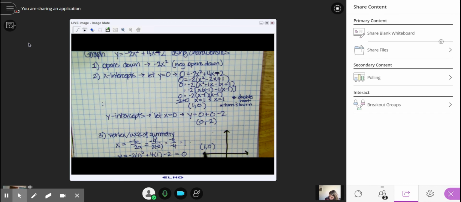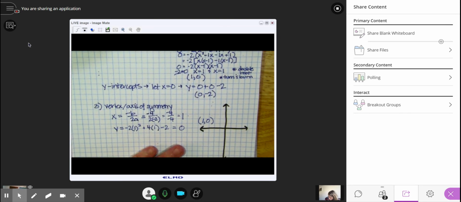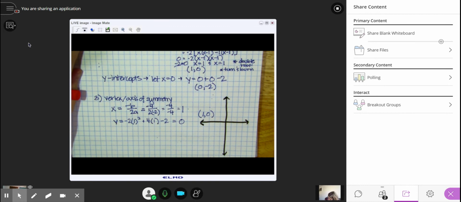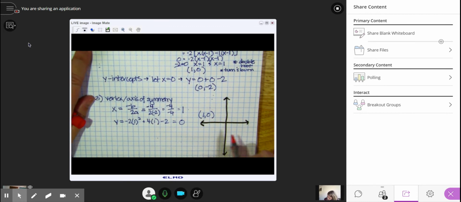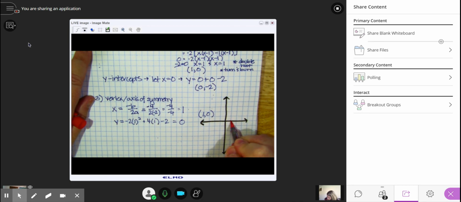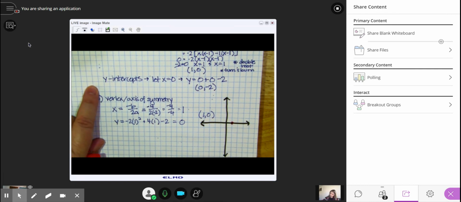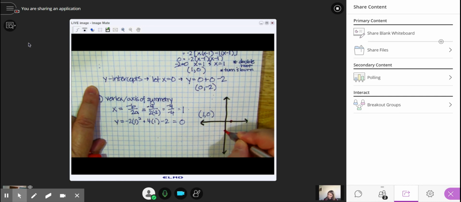I know that this opens down, so I'm putting my graph a little bit higher, so I've got some room to work below. Okay, it opens down. I have an x-intercept at 1, 0. I have a y-intercept at 0, -2.